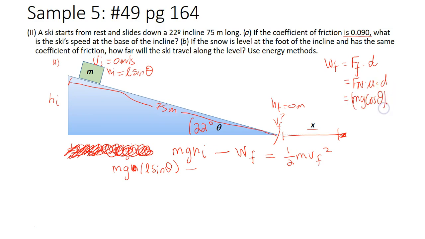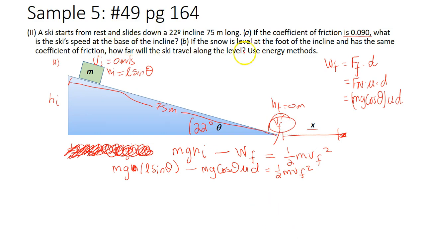I'm just going to assume that you know how and why I got that, and if you don't, you can always ask me, but that is the normal force in this case. So this all goes in here, mg cosine of that same angle, this is the same angle, mu d equals 1/2 mv final squared, which is, of course, the v we're looking for here.